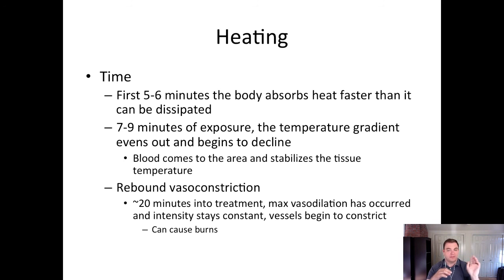So about 20 minutes into the treatment, max vasodilation has occurred and the intensity stays constant. Vessels actually begin to constrict now. So now, about 20 minutes into treatment, it's maxed out. All you can do. The vessels begin to constrict, and now the opposite effect occurs. Instead of having vasodilation from heating, we're now having vasoconstriction.